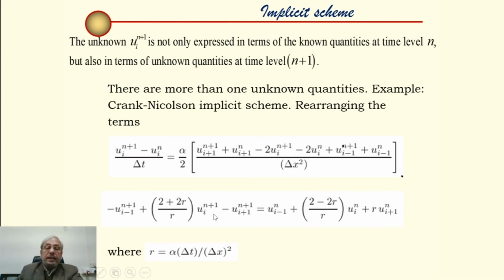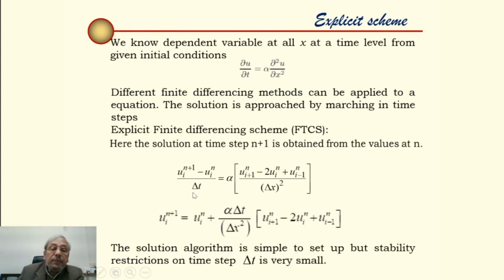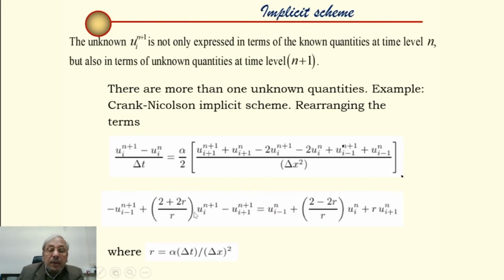And we get this expression. In this expression, we cannot individually find every n plus 1th level value at every ith location like we did in the earlier case, but we can find them in terms of their neighbors.